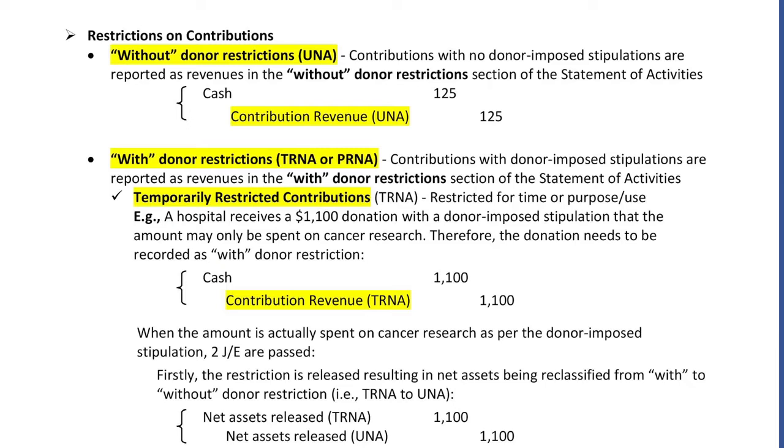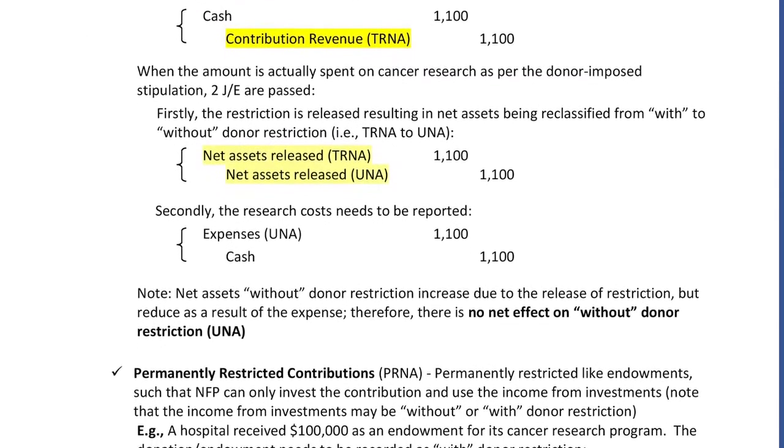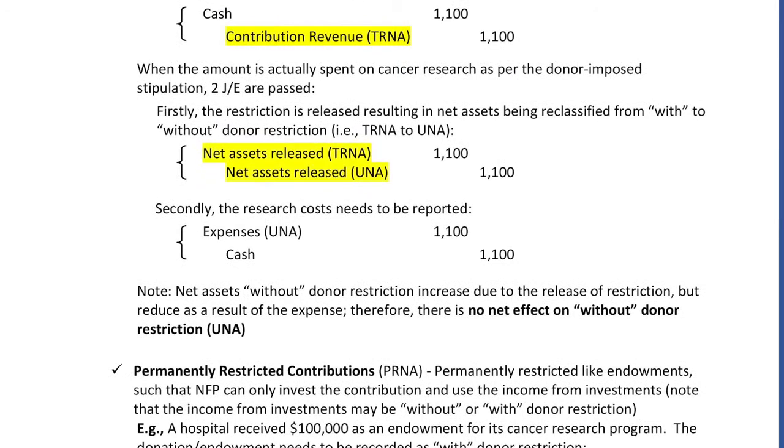Now, when the restriction for these temporarily restricted contributions is released, then we have, highlight, debit to net assets released TRNA and the credit is to net assets released UNA. The expense is recorded as, highlight, expenses UNA.